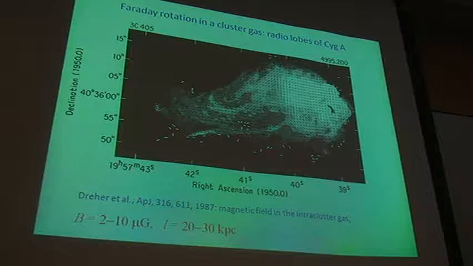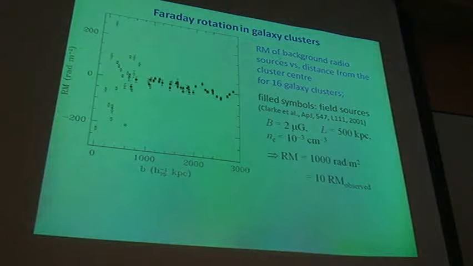But then, more convincing evidence comes from observation of Faraday rotation. Here, we shall return back to the synchrotron emission, having discussed this picture. What is plotted here is from the paper of Clarke and Phil Kronberg, and I don't remember who was the third author. What is plotted here are the Faraday rotation measures of background sources seen through the clusters.